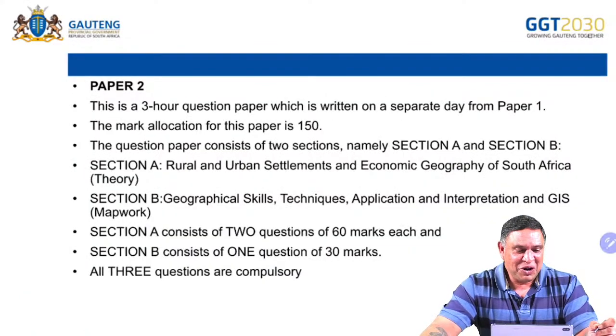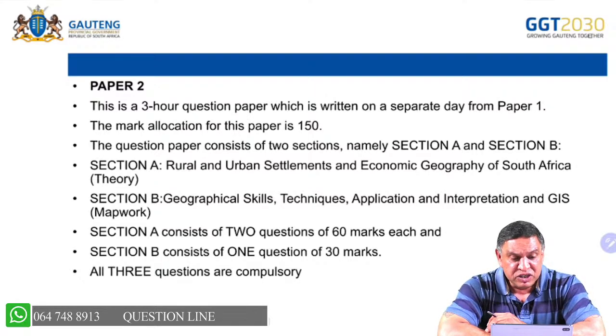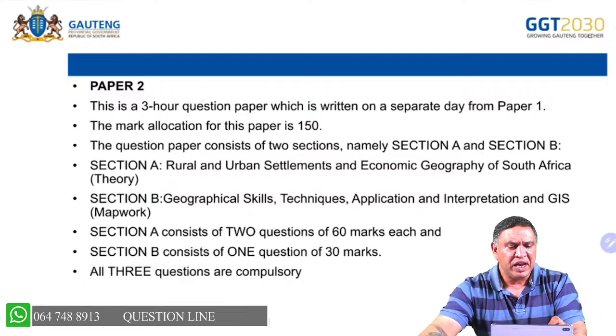Okay, so you must be aware, and I know your teachers must have told you this already, the new formatting of the paper. This is Geography Paper 2, all right? And you will know that it's a 3-hour question paper.